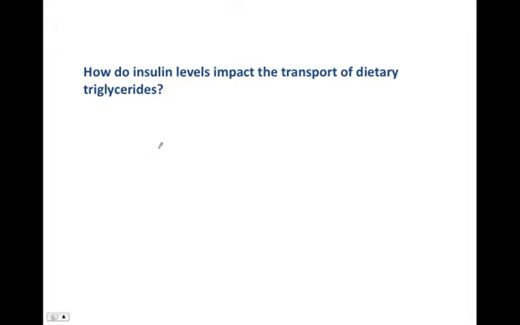So now let's ask an important question. How do insulin levels impact the transport of dietary triglycerides? After you eat a meal, it usually contains both carbohydrates and fats. After a meal, we know that insulin levels are elevated. So does insulin impact the uptake of triglycerides?